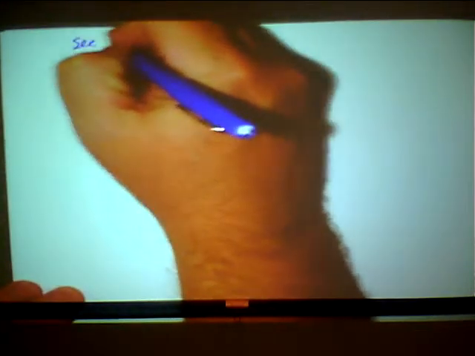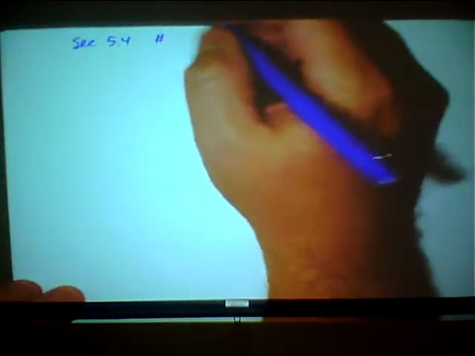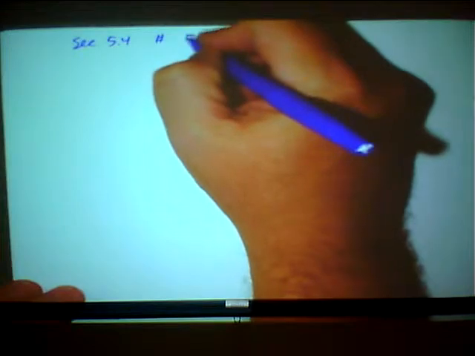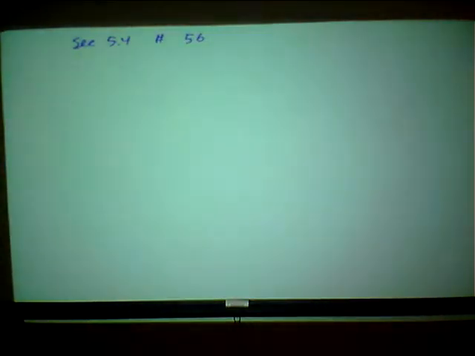So once again, section 5.4, let's look at number 56. This is similar to a homework problem you have, and it says the radioactive bismuth isotope 210Bi disintegrates according to Q equals, so let me write this down.